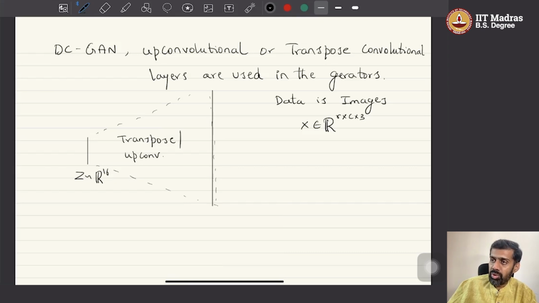So using transpose convolutions, the final layer would have this sort of dimensionality, which is exactly equal to that of the data. So the final layer is going to be an image as an output.